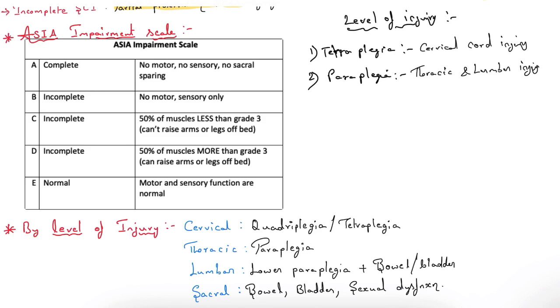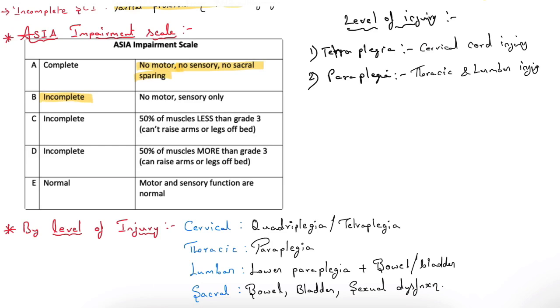Here A means complete, with no motor, no sensory and no sacral sparing. Second one, B, means incomplete. In this we can see some sensory but no motor.